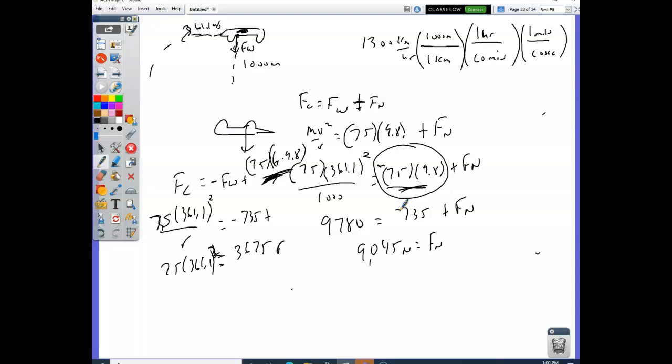So force weight was negative, so we made it down. We made the force centripetal upwards positive, and we made this one positive. Sorry, I'm saying the wrong problem. We made the force normal being positive, up.